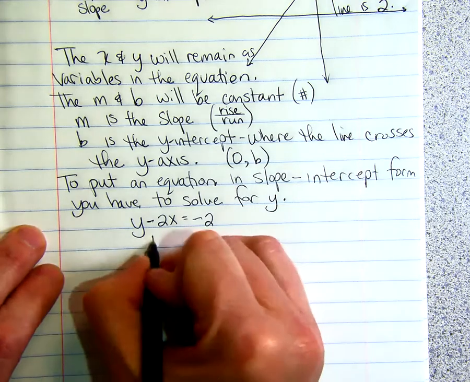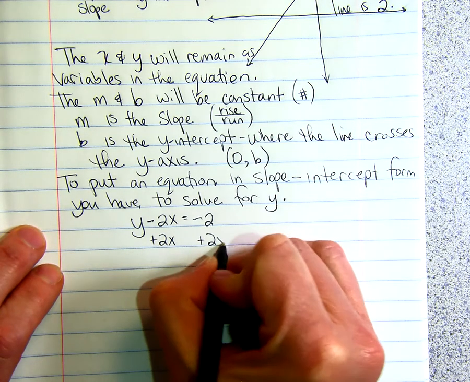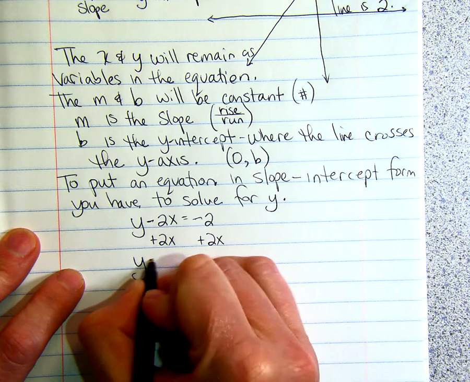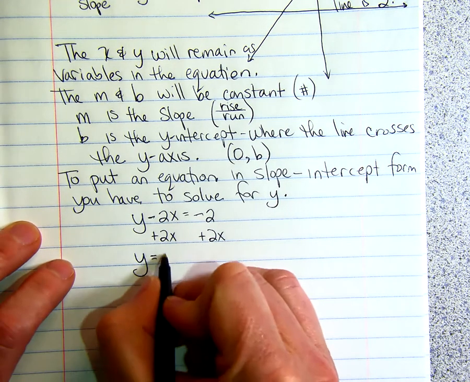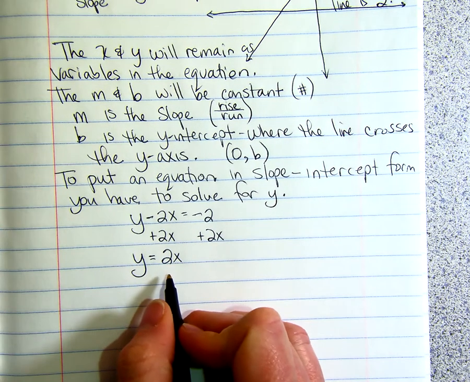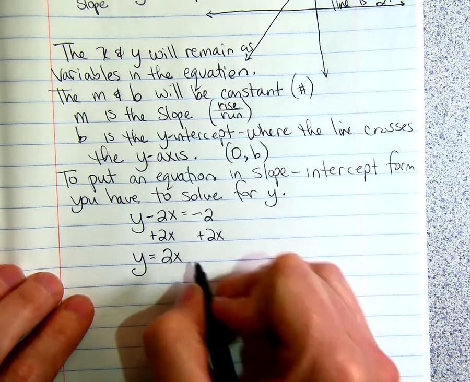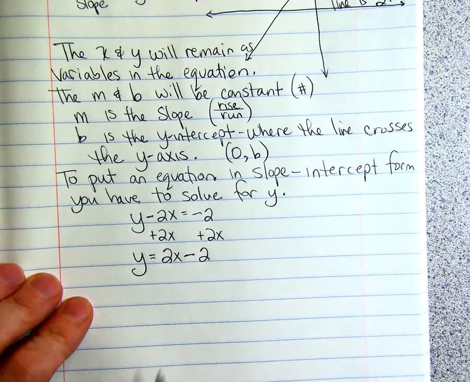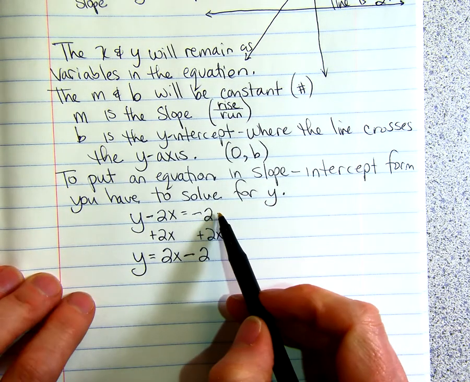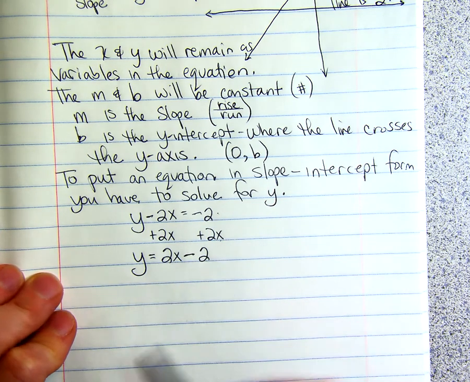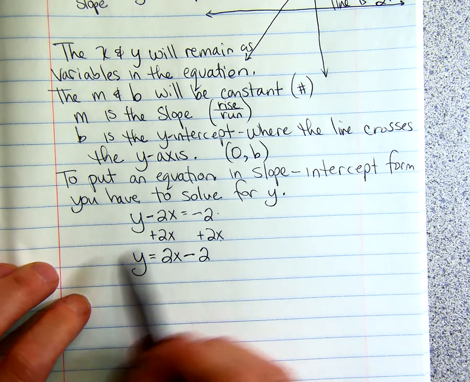We have to isolate y. So we're going to add 2x to both sides. So we have y equals. Now we want to put the 2x first because we want it in slope-intercept form, and then we'll have the minus 2. We cannot add those together because this doesn't have an x, and this does, so we just put y equals 2x minus 2.